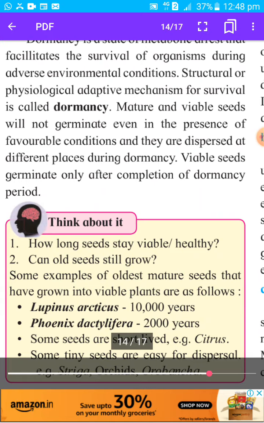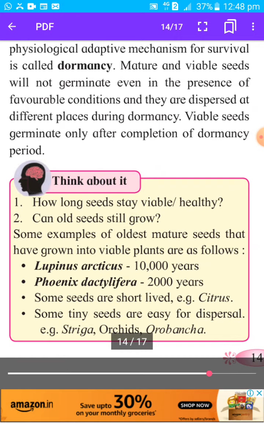Mature and viable seeds will not germinate even in the presence of favorable conditions, and they are dispersed at different places during dormancy. During dormancy, germination cannot take place. Though the seed is mature and viable, meaning alive, it cannot germinate, and the dispersal, that is the spread of those seeds, can take place over a large area.